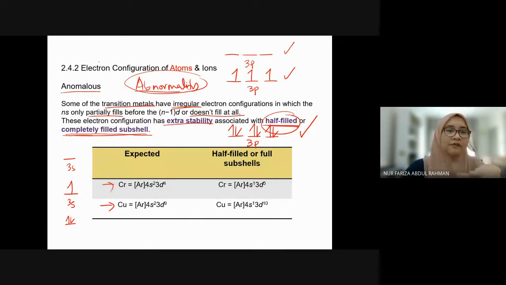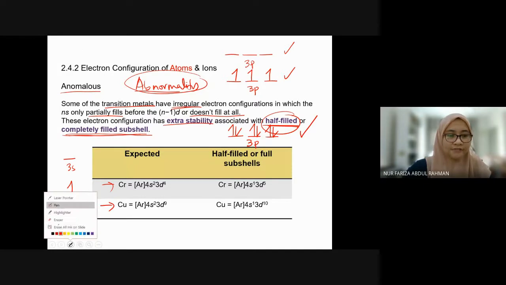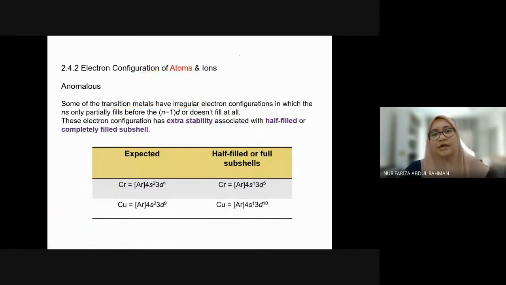Okay, in order for the d orbital to become stable, it is the same. Except that the d orbital now has 5 orbitals in it. For the d-shaped orbital we have 5 of them. So this is 3d, for example. It can be no electron at all, or it can also be half-filled.